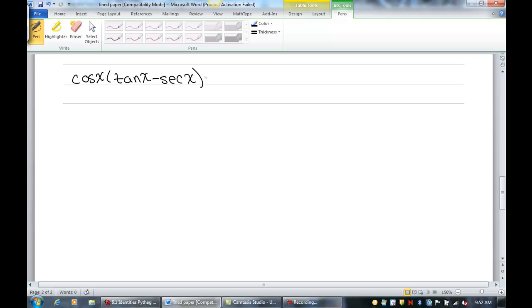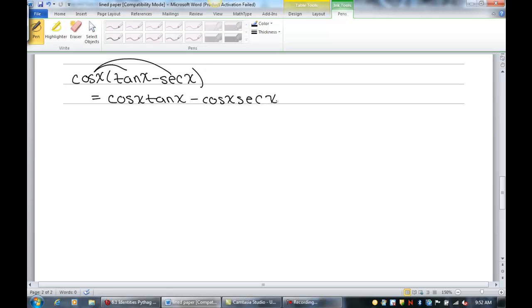Okay, so we're going to multiply and we're going to simplify. So I know that my multiplication step here is going to be distribution. So we're going to go ahead and distribute. So this is going to give us cosine x tangent x minus cosine x secant x.